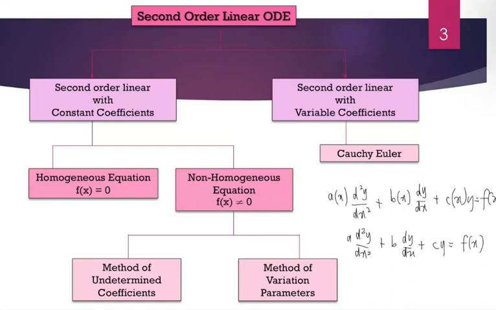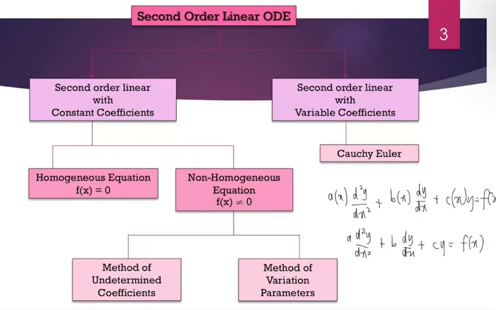So this one belongs to this group where our function abc is a constant coefficient. Now let's say our function f(x) equal to 0. So we call that equation a homogeneous equation. If our function f(x) is not equal to 0, then we call this a non-homogeneous equation.